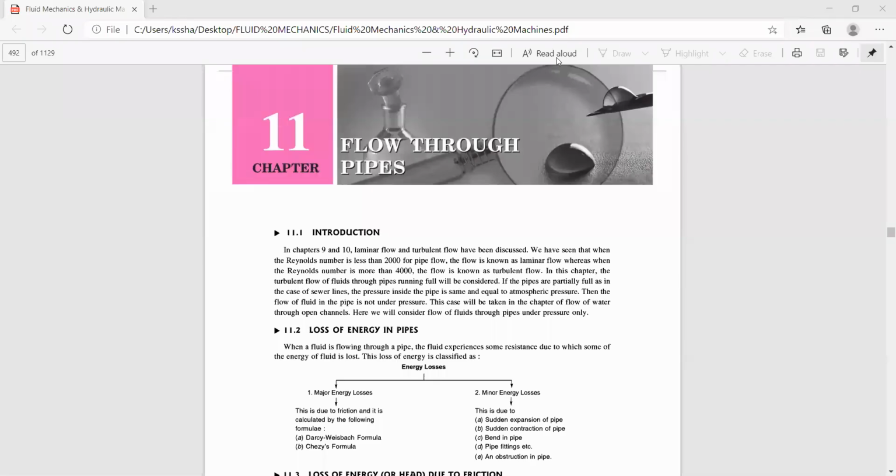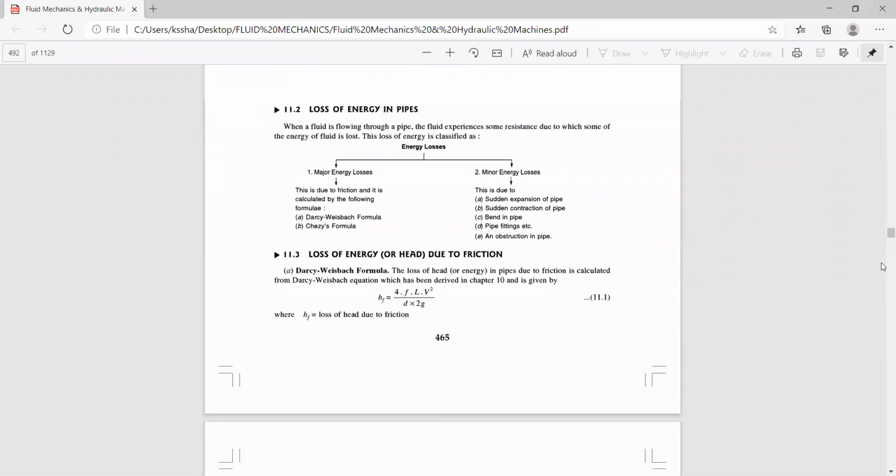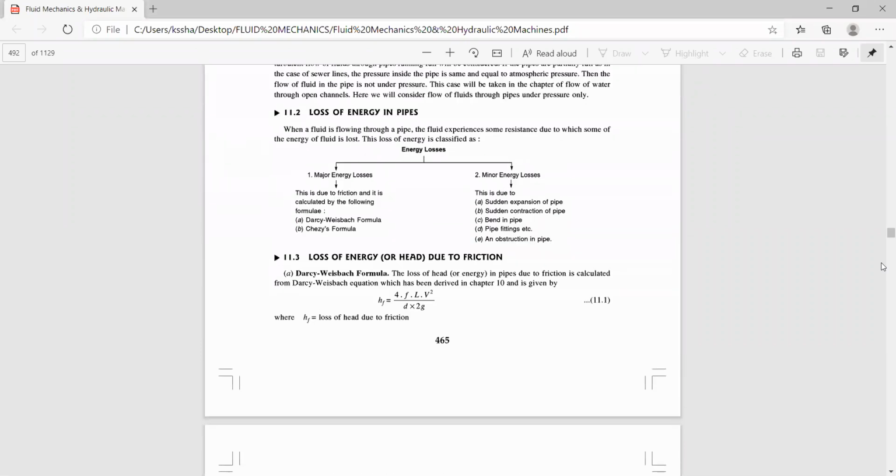Okay, so today we will start the fifth module, that is flow through pipes. So in that, what we have to see, loss of energy in pipes. When a fluid is flowing through a pipe, the fluid experiences some resistance due to which some of the energy of the fluid is lost.